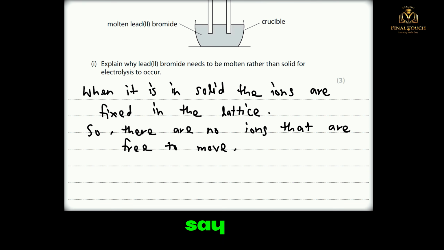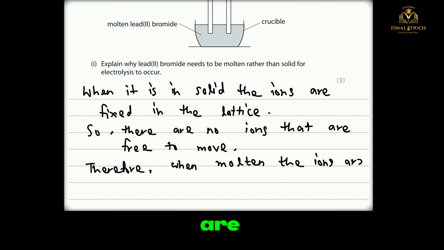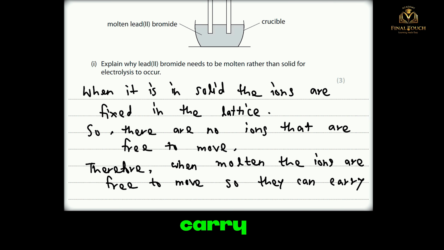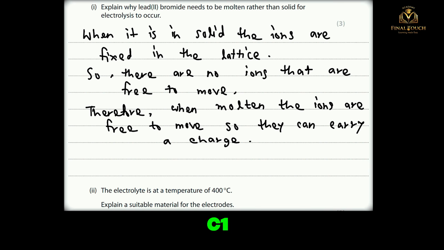So lastly we can say, therefore, when molten, the ions are free to move, so they can carry a charge. So that's your answer for part C1.